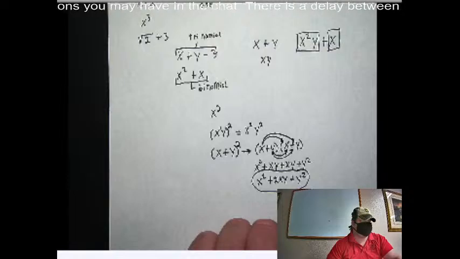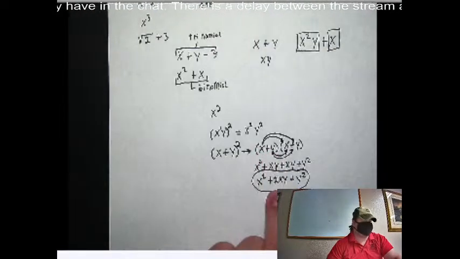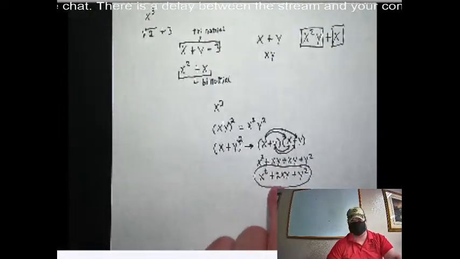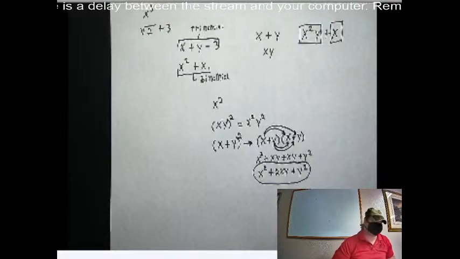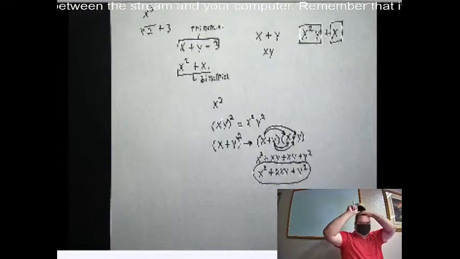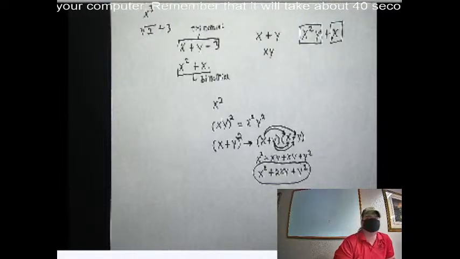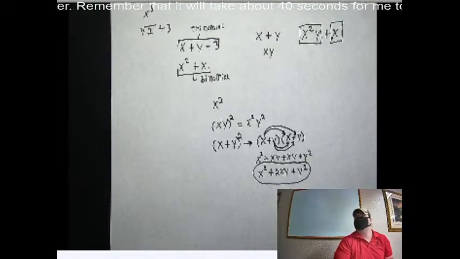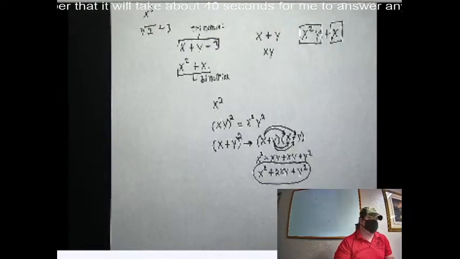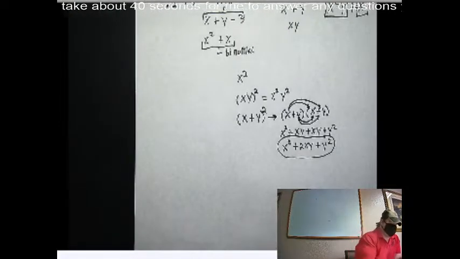Okay? So once we multiply all that out, we get this. I'm about to give us another example of this though. So any questions before we move on to another example? None? Make sense? Okay. So let's try this.